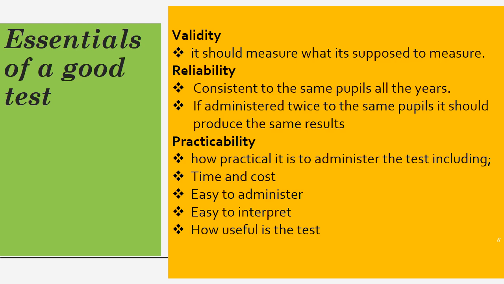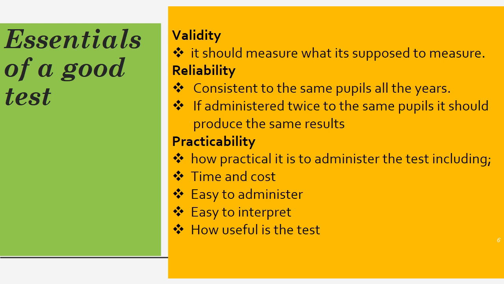And then the second characteristic or essential is reliability. So on reliability, here what we mean is that a test should be consistent for the same pupils all the time. So if the same test is administered twice to the same pupils, it should provide the same results.